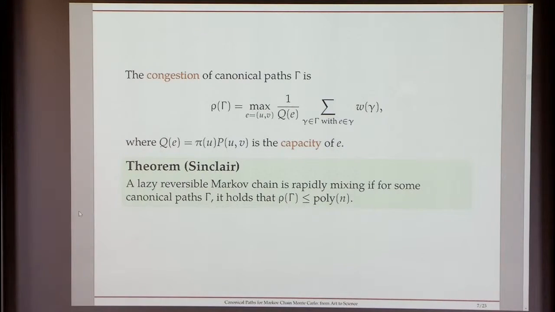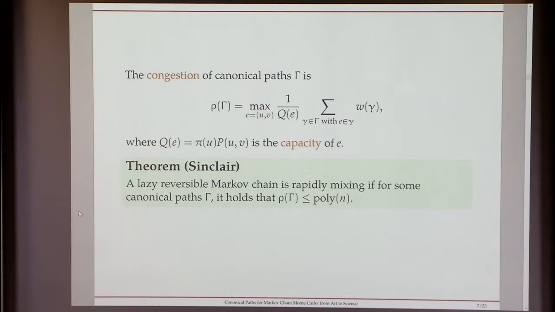We know that if we can define a canonical path whose congestion is bounded by some polynomial, then we can show this Markov chain is rapidly mixing.